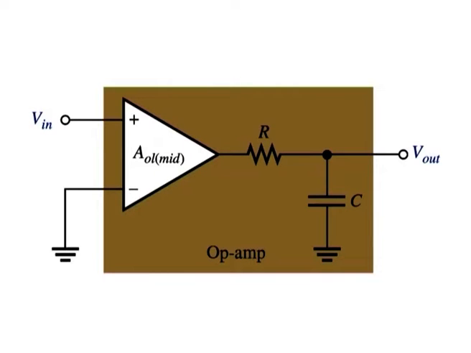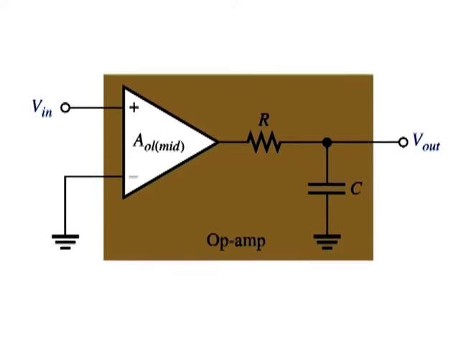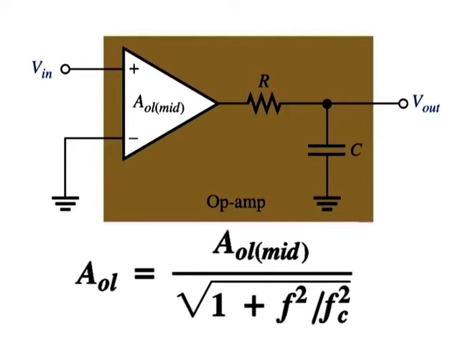If an op-amp is represented by a voltage gain element with a gain of AOL(mid) plus a single RC lag circuit as shown in the figure, it is known as a compensated op-amp. The total open loop gain of the op-amp is the product of the mid-range open loop gain AOL(mid) and the attenuation of the RC circuit, where AOL = AOL(mid) / √(1 + f²/fc²).